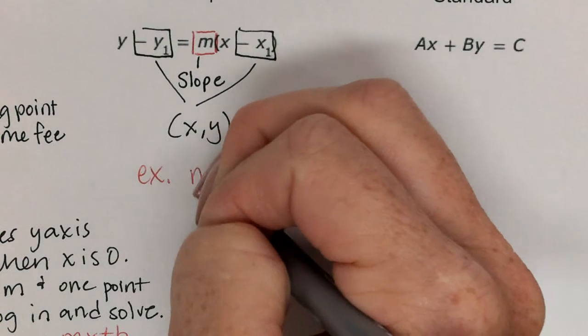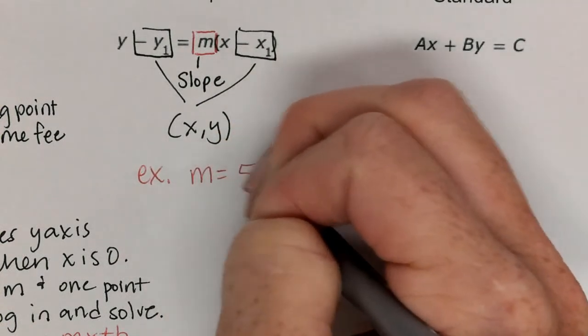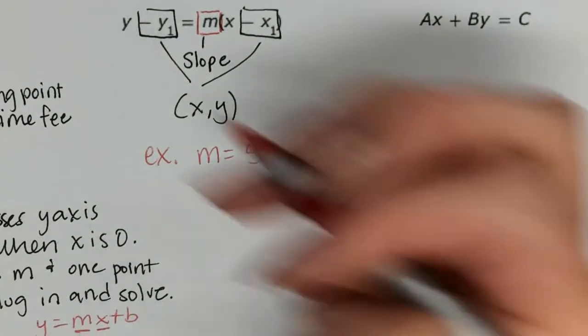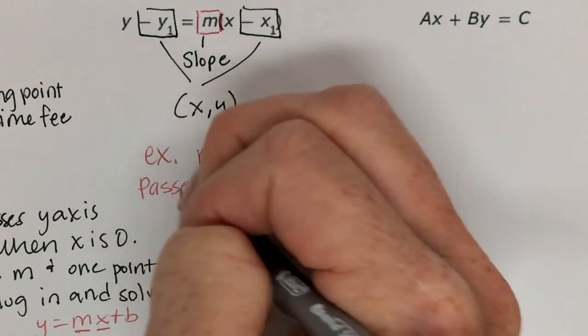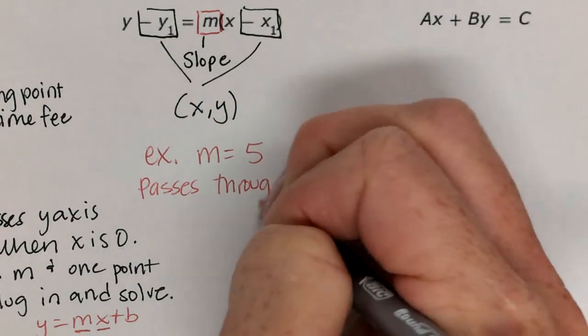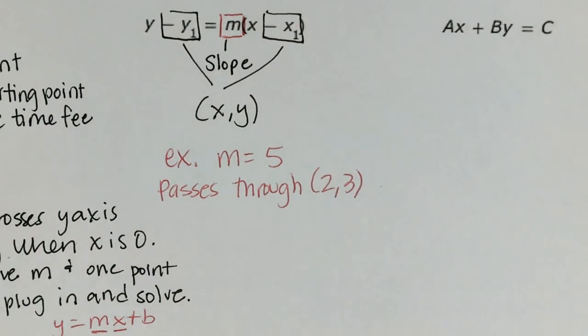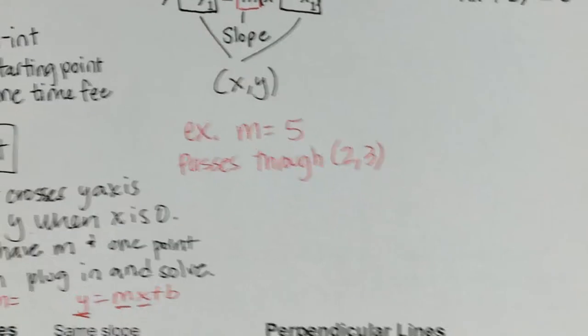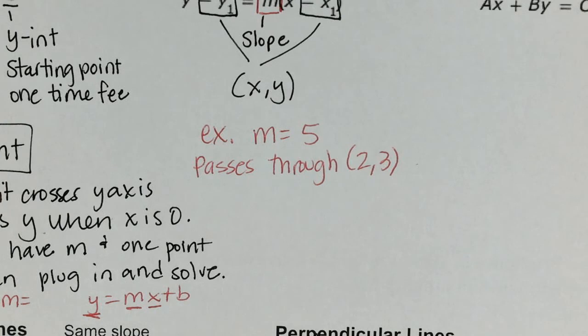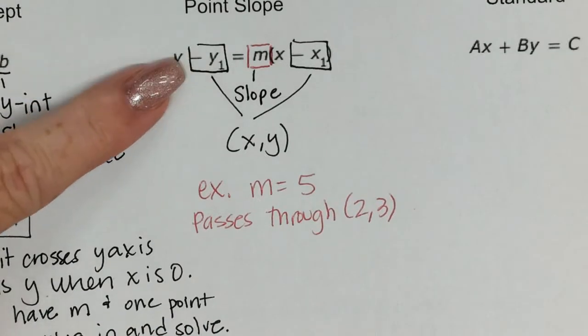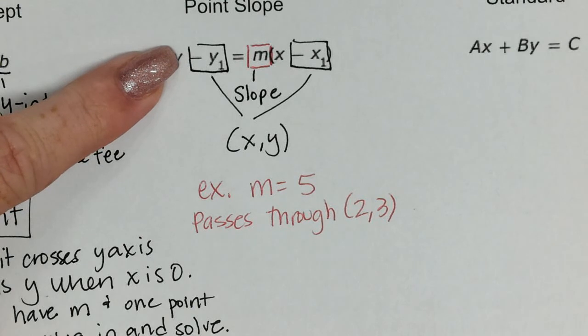If I told you the slope is 5, and it passes through 2, 3, and I said write an equation. If I don't specify that it has to be an mx plus b form, then I would 100% use this because all I have to do is plug stuff in.